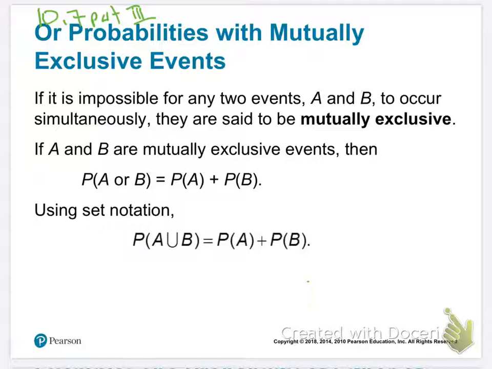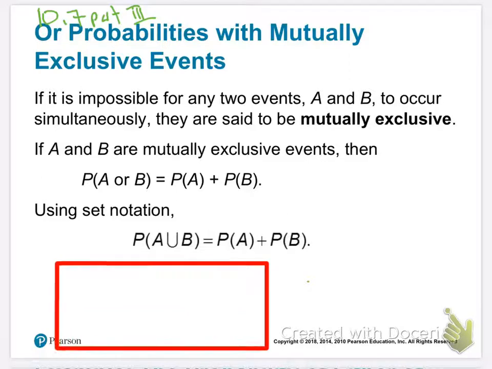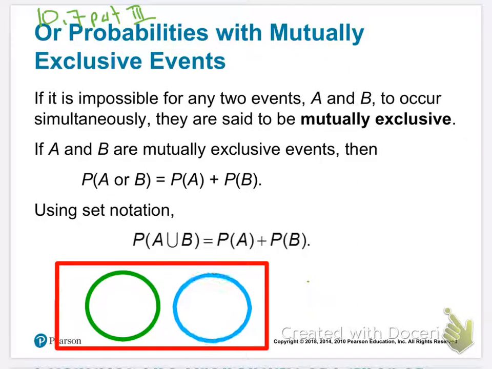So my example I normally give with this is you have a sample space. And inside the sample space, you have one circle, two circles.